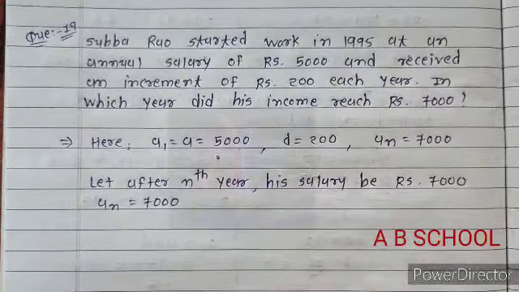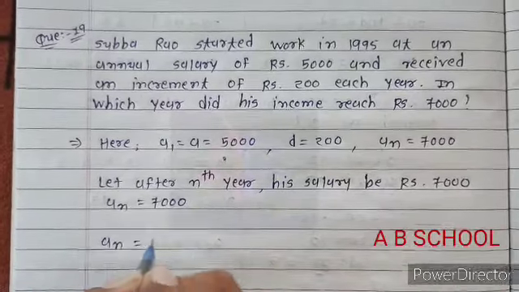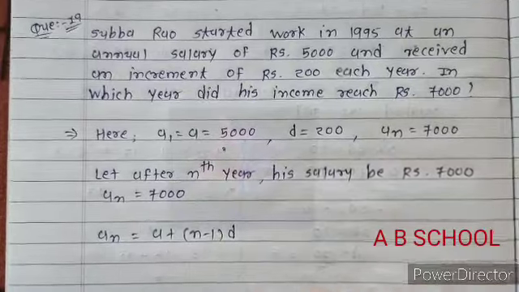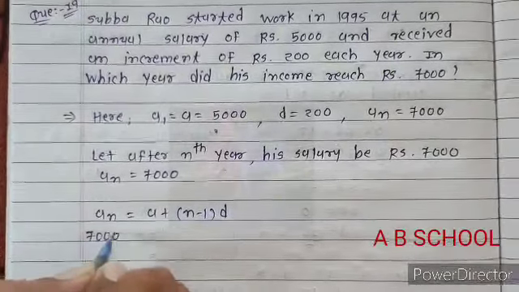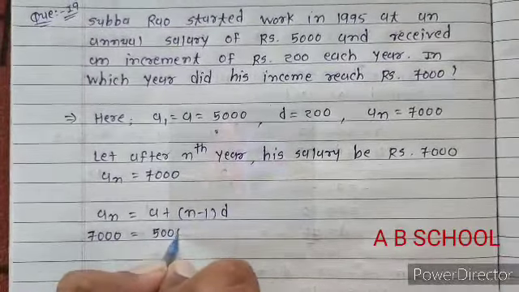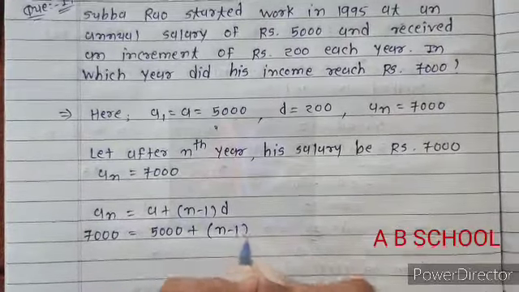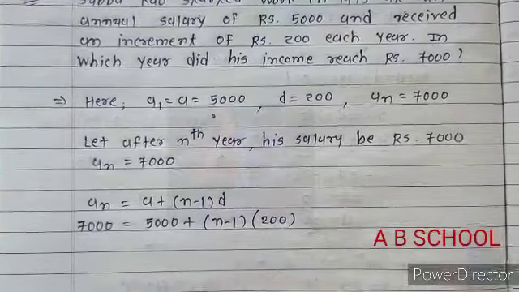Fine. Now by using the general form of AP, AN is equal to A plus n minus 1 into D. Value of AN, 7,000, is equal to value of A, 5,000, plus n minus 1 as it is, since we have to find n, and common difference is 200 rupees.